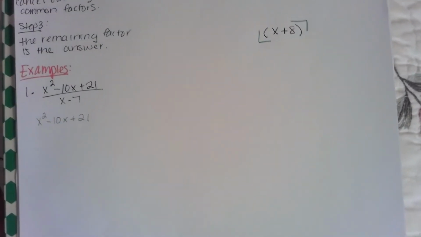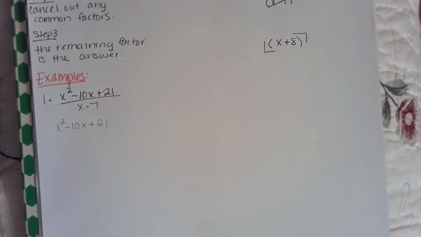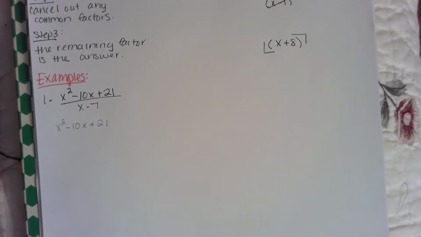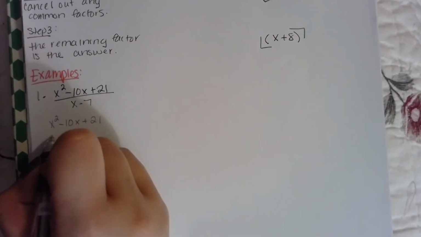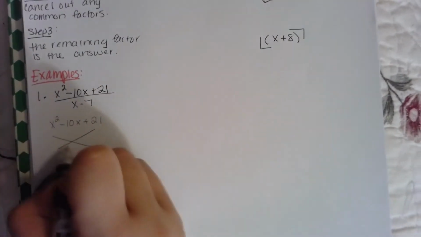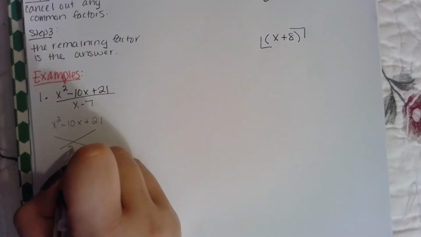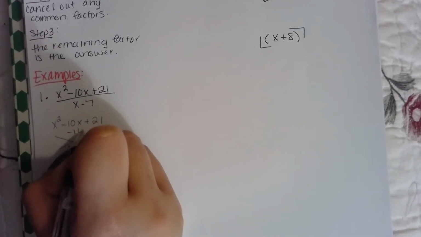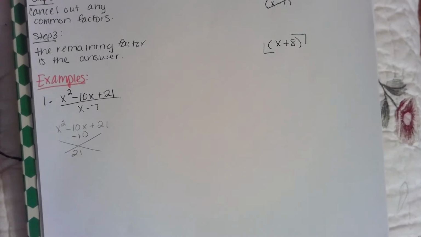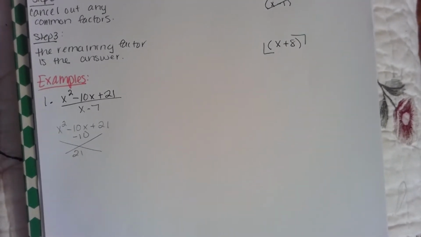Alright, since it has a leading coefficient of 1, this one's actually pretty easy to factor. Remember, draw your x. 1 times 21 is 21. Bring down the middle term, negative 10. The factors of 21 are 1 and 21 and 3 and 7, that's it. But notice how this is positive, but this one's negative.